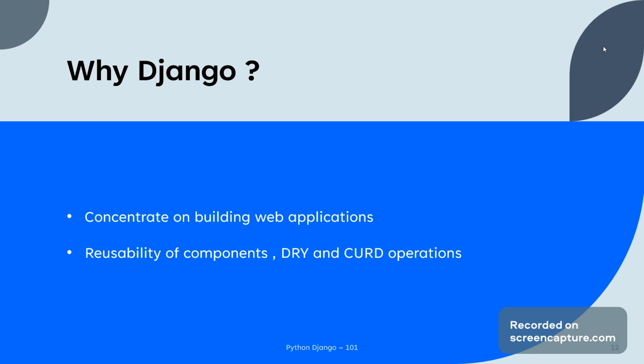That's why I am also learning to code ML with Python rather than working on the web with other languages like HTML, React, and so on. So that's why I am staying with Python, and why I picked Django over others. There are also other things like DRY, don't repeat yourself, and CRUD operations. Basically, CRUD operation means create, read, update, and delete. These things we can also easily do.